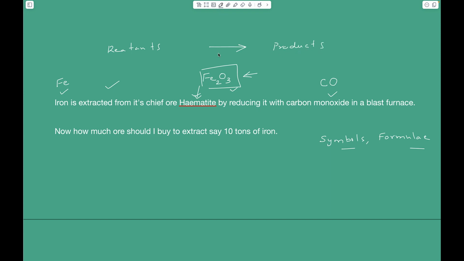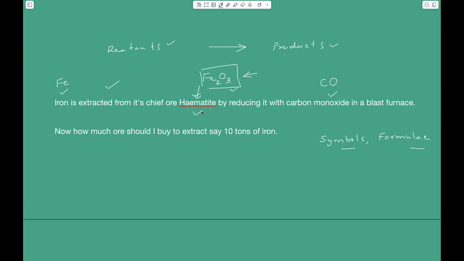And we always draw an arrow from the reactants to the products to indicate that these substances are getting converted into these substances. And in this reaction, what are the reactants? You must be able to identify them.